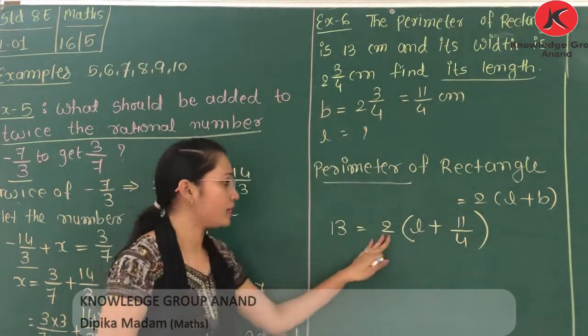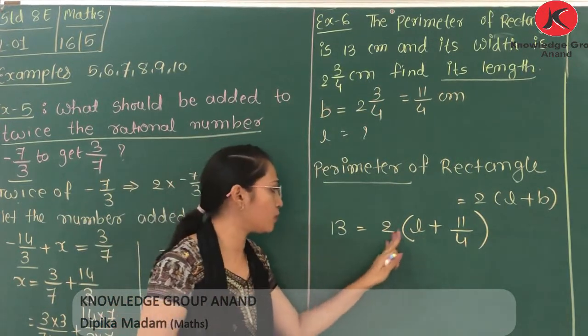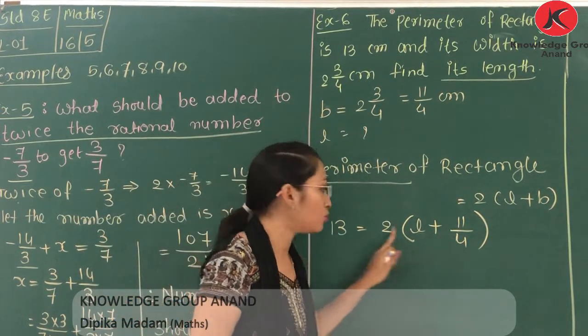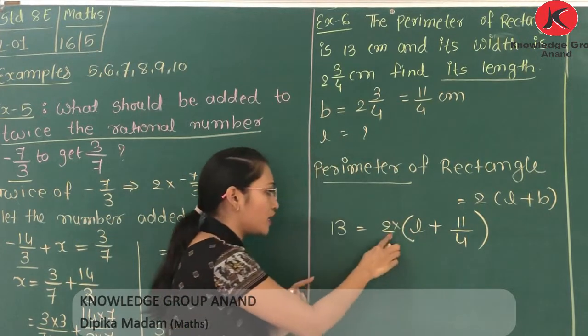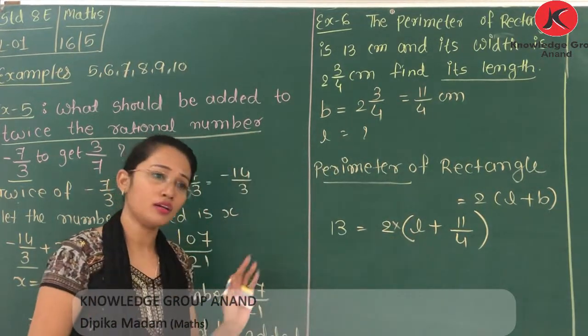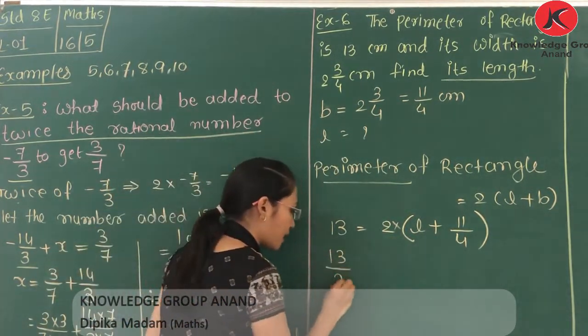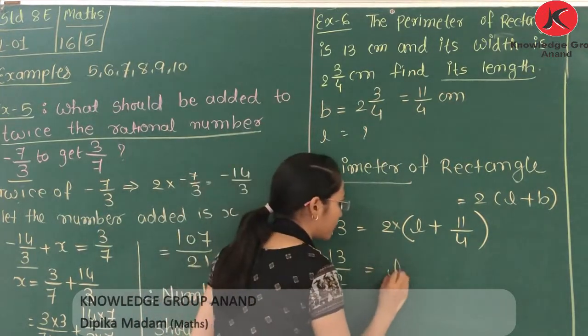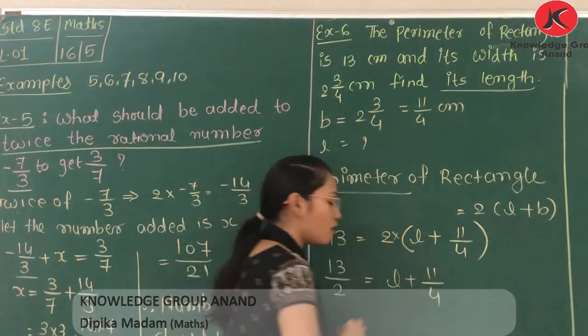Now here, what is the operation between 2 and L plus 11 by 4? 2 is in multiplication, so it becomes division on the left side. 13 by 2 is equal to L plus 11 by 4.